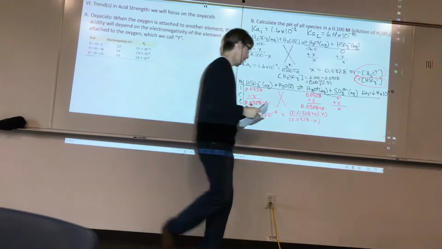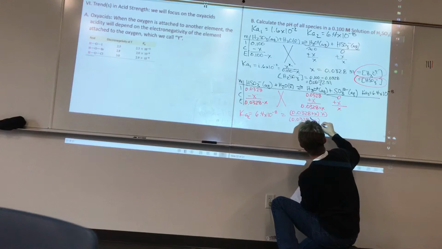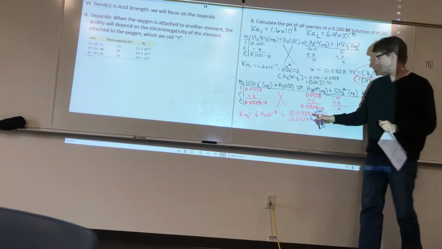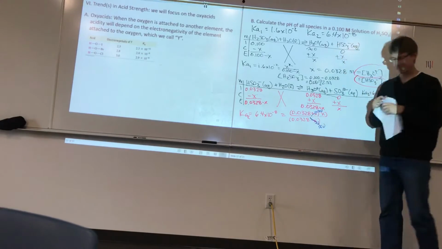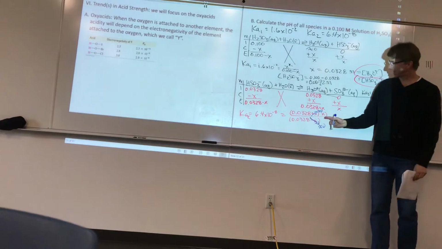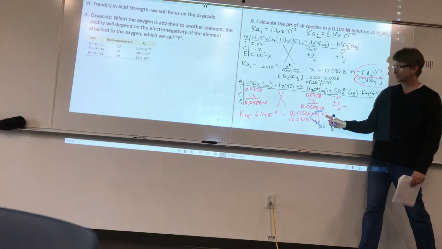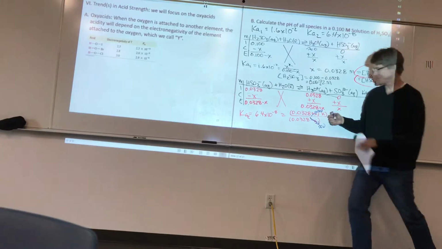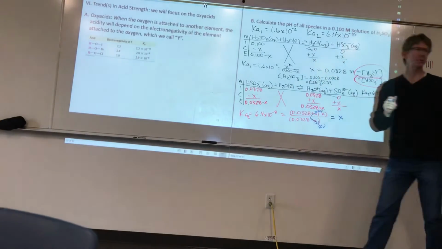We can, and we will. We'll make the assumption that you can ignore plus x and we can ignore minus x. Which means that it's now just 0.0328 over 0.0328 times x. Which just equals x.